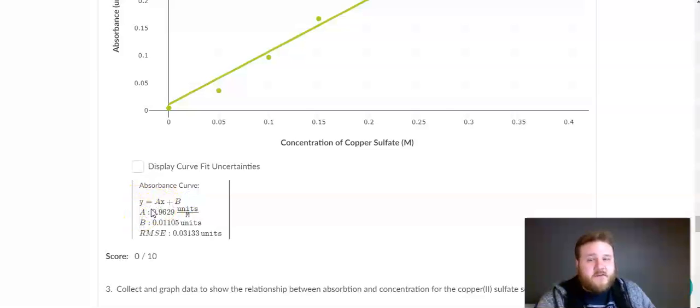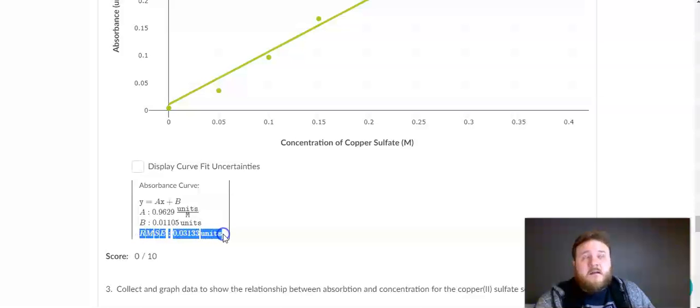This a is referring to the slope. This b is referring to the y-intercept. Look how small the y-intercept is, 0.01105. Your y-intercept should be really close to 0, okay? Sometimes if it's so close to 0, you can disregard it.